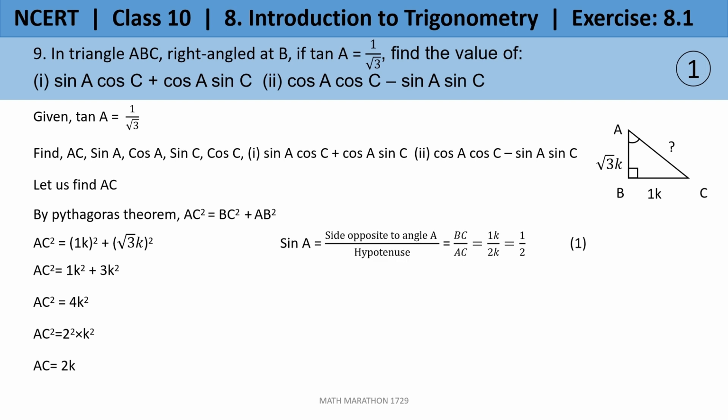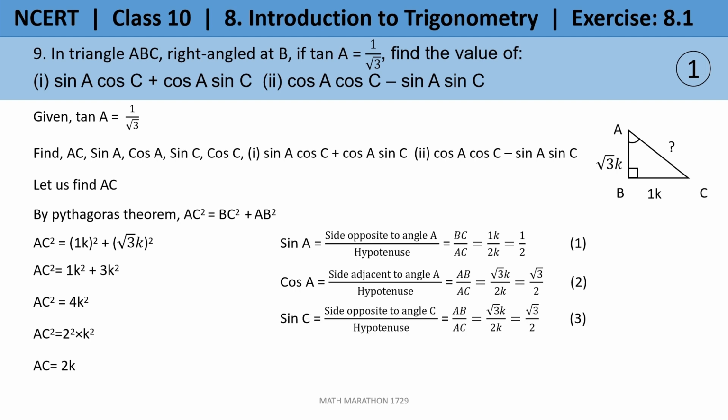Sin A is equal to side opposite to angle A by hypotenuse, which is equal to BC by AC, which is equal to 1k by 2k, which is equal to 1 by 2. Cos A is equal to side adjacent to angle A by hypotenuse, which is equal to AB by AC, which is equal to root 3k by 2k, which is equal to root 3 by 2.